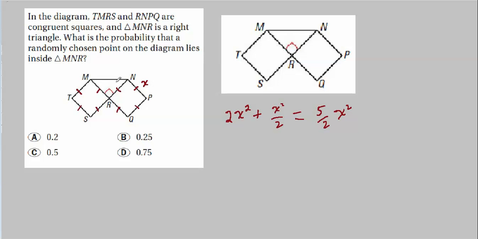Not the leftover area, the entire area. So, in the numerator, what we need is this part here, x squared over 2. And in the denominator, we need the whole thing, not this part. The part left over, no, the entire area. That's 5/2 x squared.